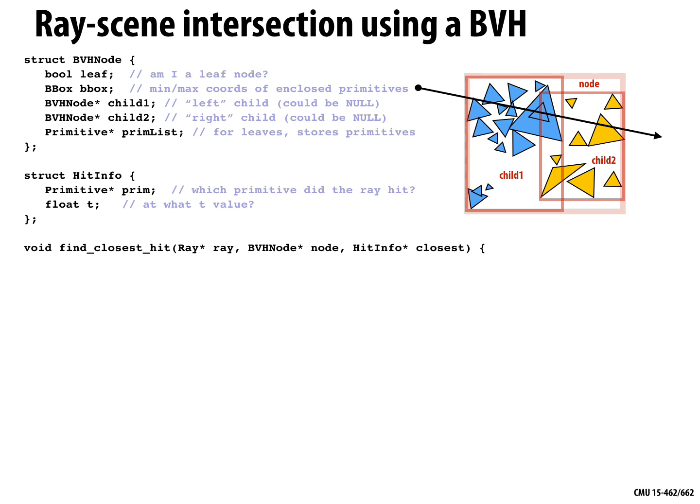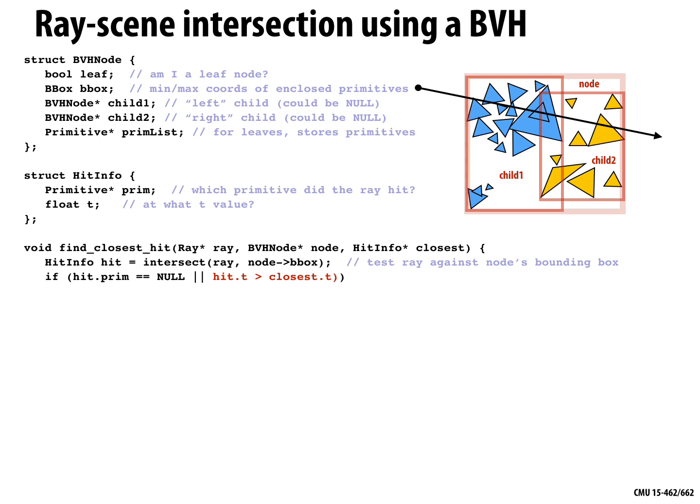So how do we do that? Well, the first thing we have to do is just check, does the given ray intersect the given bounding box node? So we just do a box-ray intersection test, and this hit info data structure gets filled.